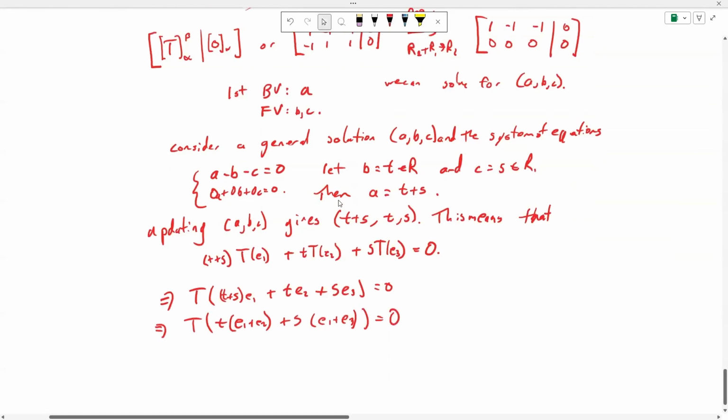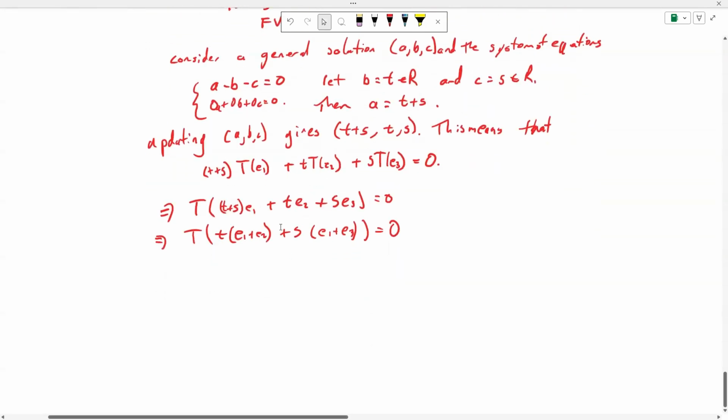Now, why have I done this? Why have I expanded and gotten the vectors here?